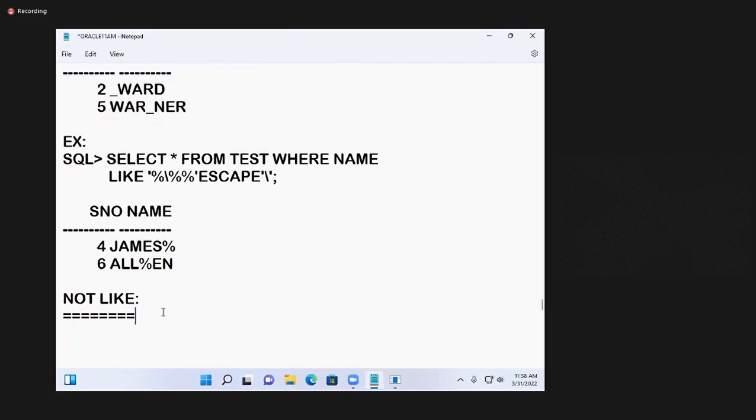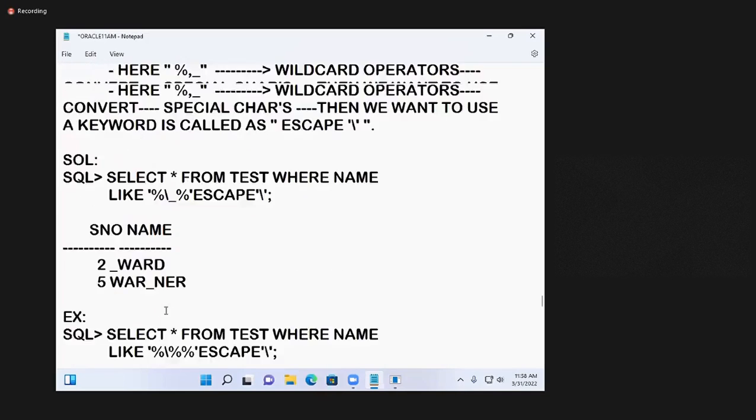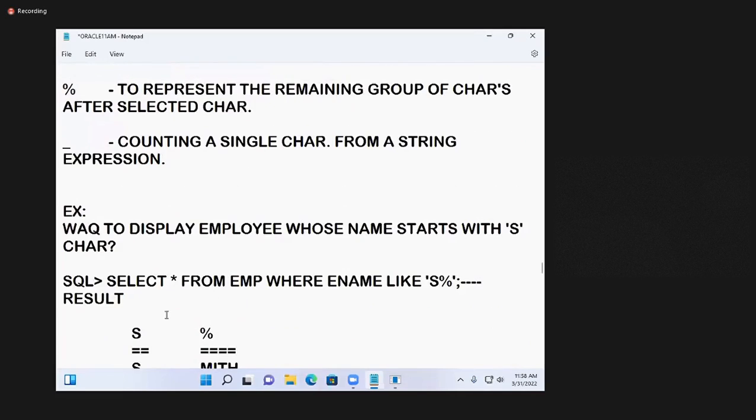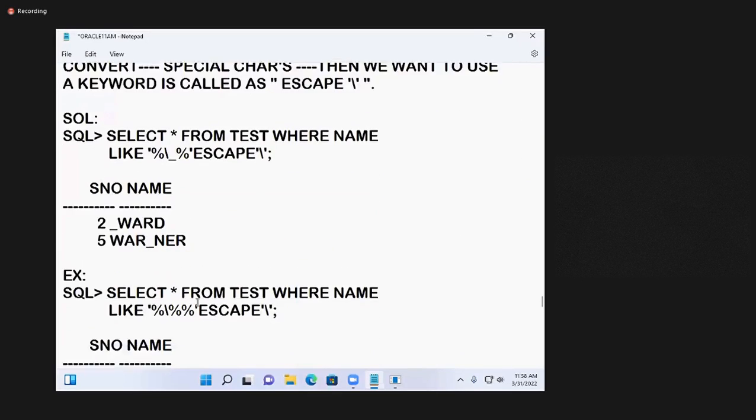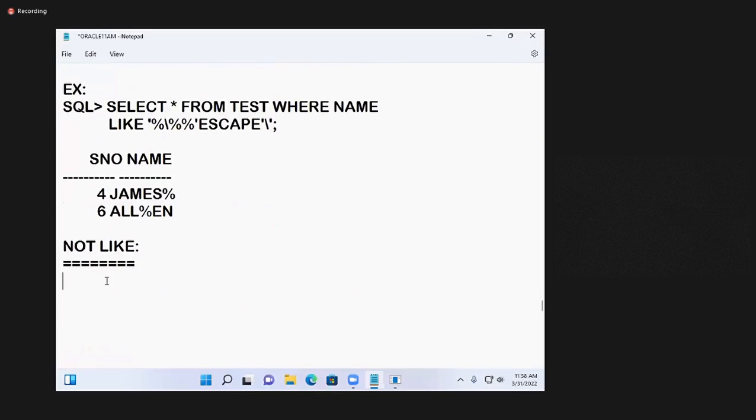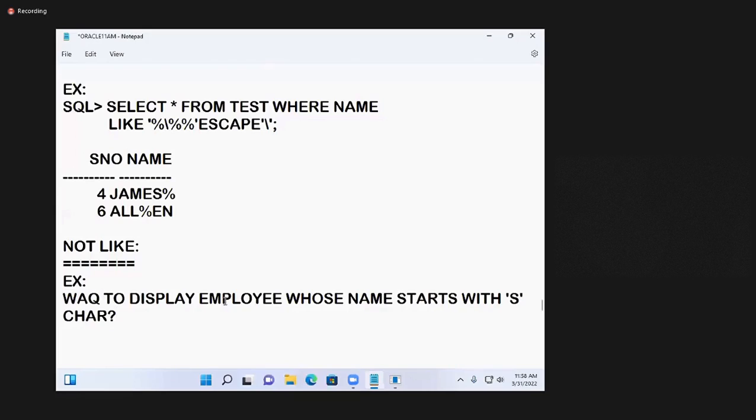Okay, the same example. Let me show you here, guys. Previously we discussed the positive, but now we will see the negative operations. Write a query to display employees whose name does not start with S character.